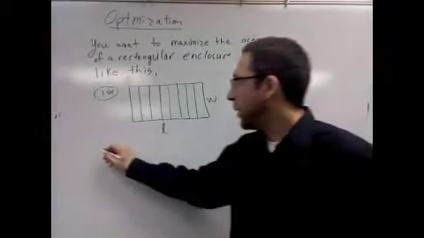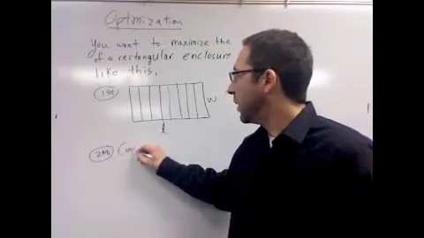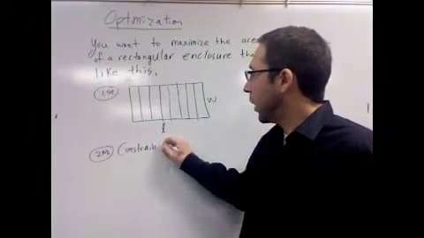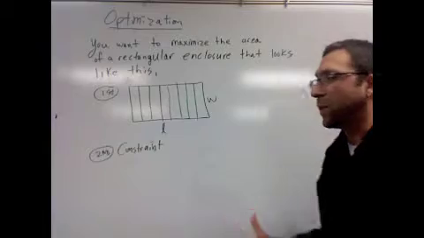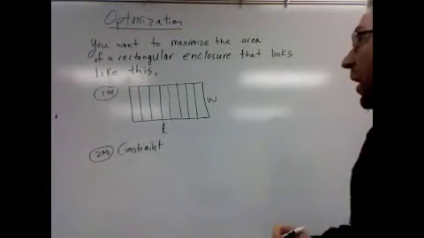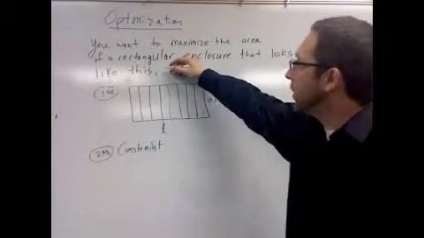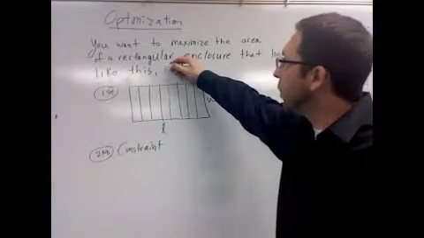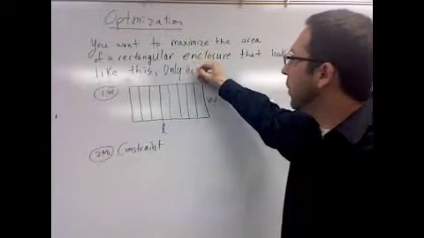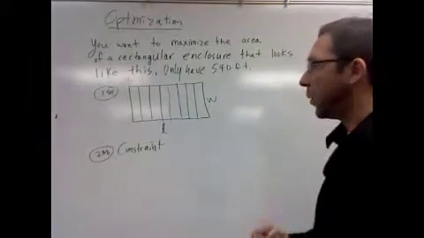The second step is to dig into what the constraint is. A constraint is something that holds us back, like a restraint, like a seatbelt is a restraining device. A constraint here in this question is that you only have 540 feet of fencing available.